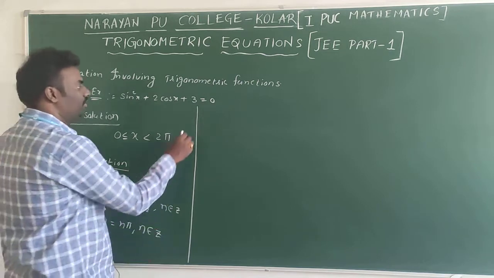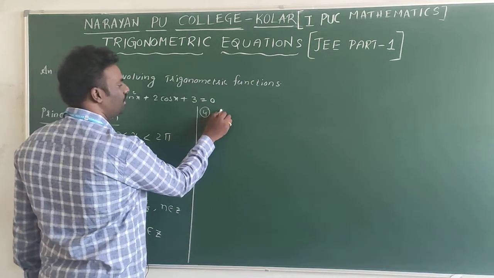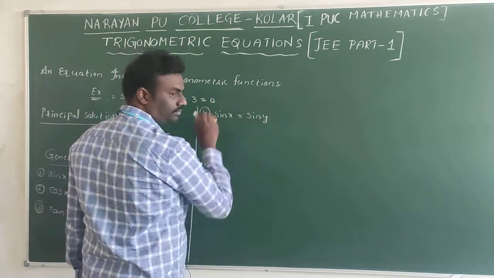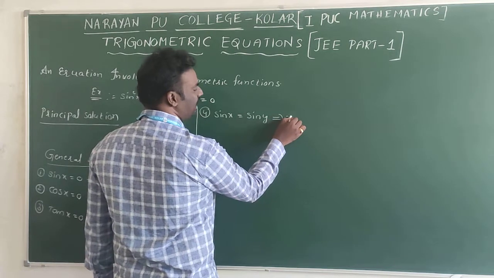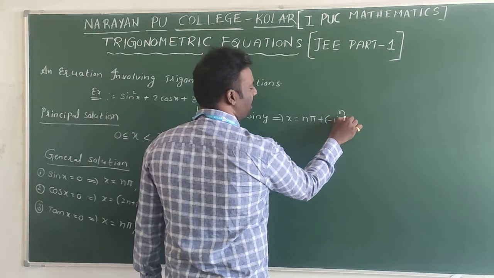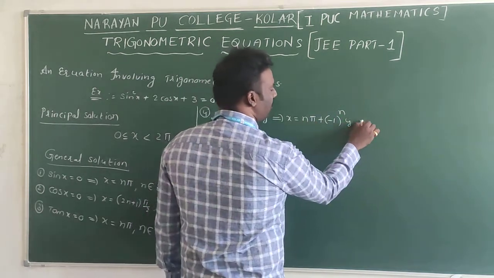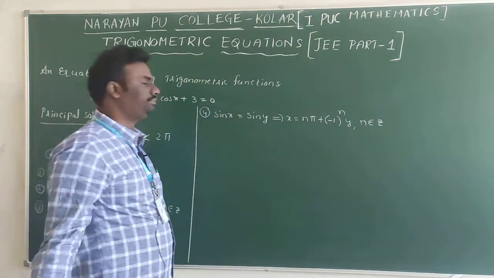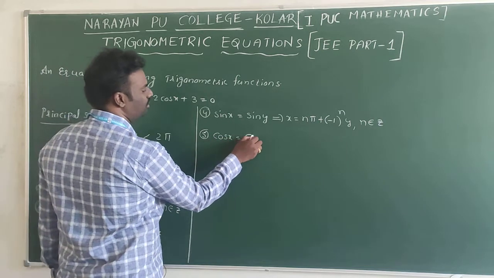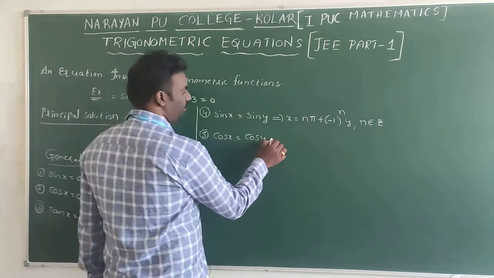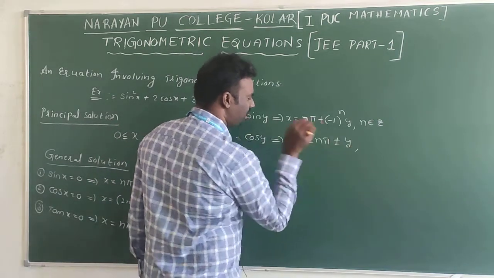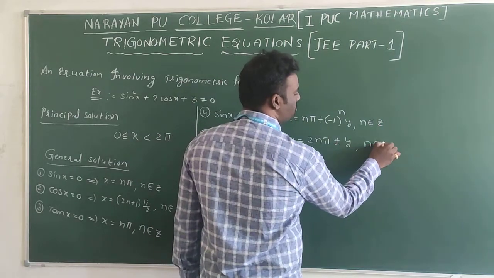Next, fourth one, if sin x is equal to sin y, then the general solution is x equals to n pi plus minus 1 power n into y, where n belongs to z. Fifth, if cos x is equal to cos y, then the general solution x is equal to 2n pi plus or minus y, where n belongs to z.